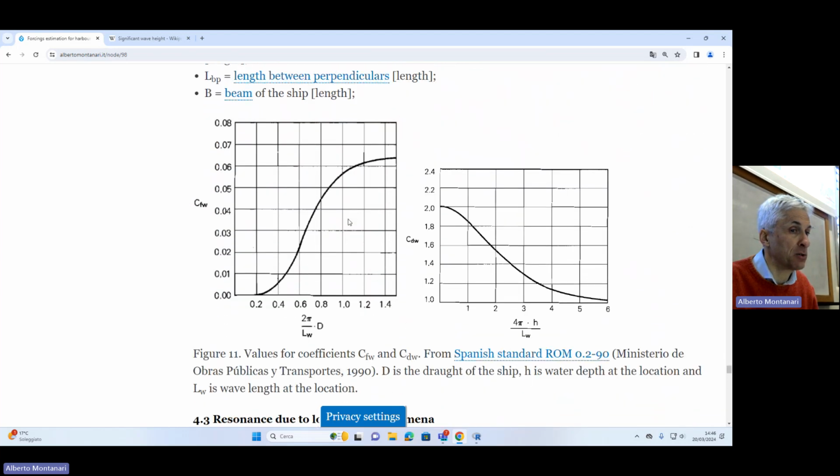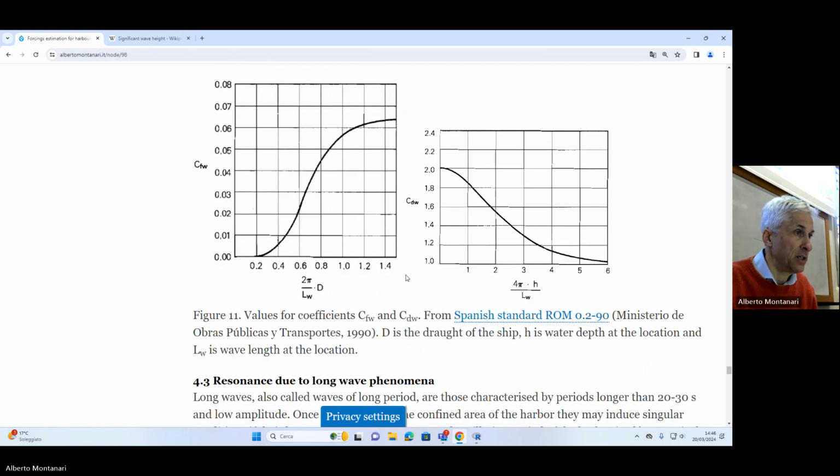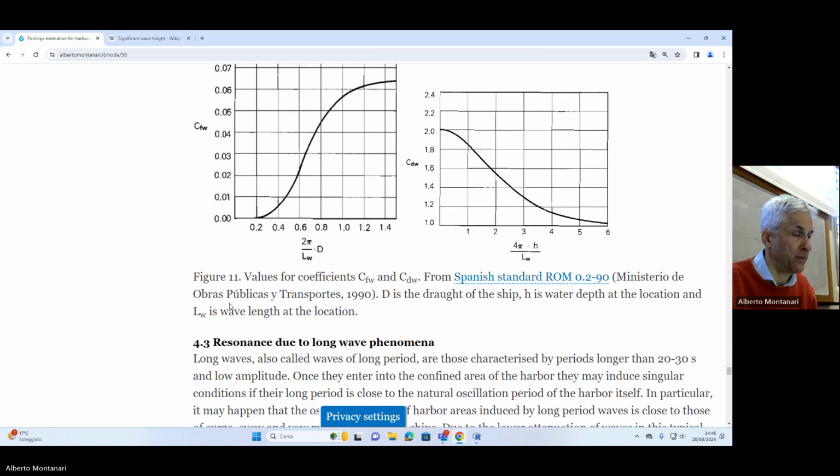I mentioned the abacus for the estimation of CFW and CDW. CFW depends on the wavelength and the draught of the ship. CDW depends on water depth and wavelength.